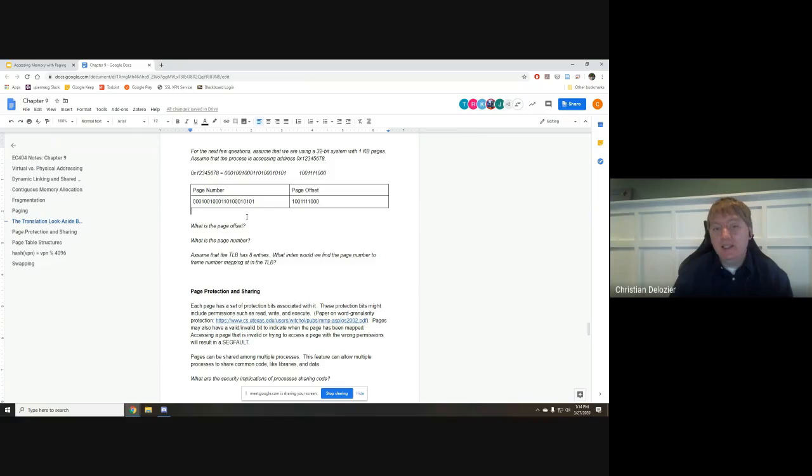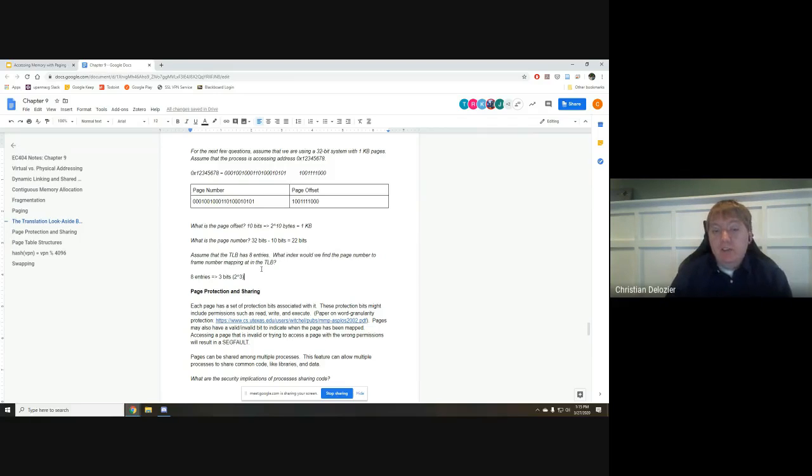And then the TLB bits. Our page offset is 10 bits, and 2 to the 10 bytes equals 1 kilobyte. Page number is 32 bits minus 10 bits equals 22 bits. And then our TLB, if we have 8 entries in our TLB, that implies 3 bits because 2 to the third is going to be 8.